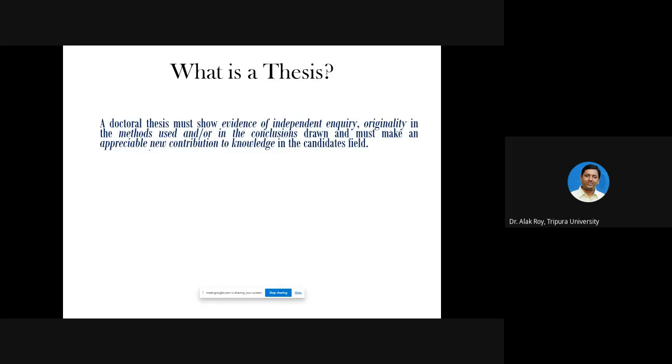So a thesis, or you can say a master or doctoral thesis, must show evidence of independent inquiry, meaning the question, originality in the methods used and/or in the contribution drawn, okay, and must make an appreciable new contribution to knowledge in the candidate's field.